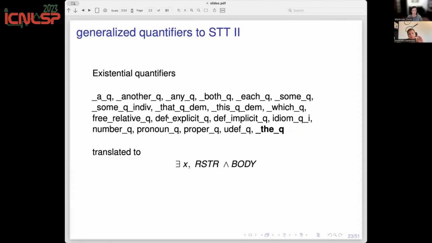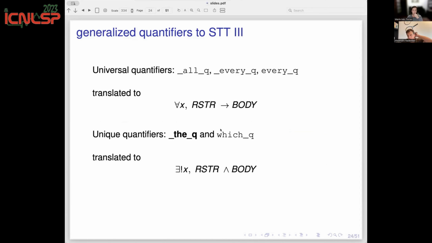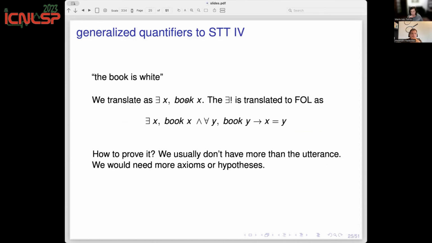For now, for example, we have this whole set of existential quantifiers that are only translated to an existential, as I said. We also have these three different universal quantifiers that are translated to universal and implication.